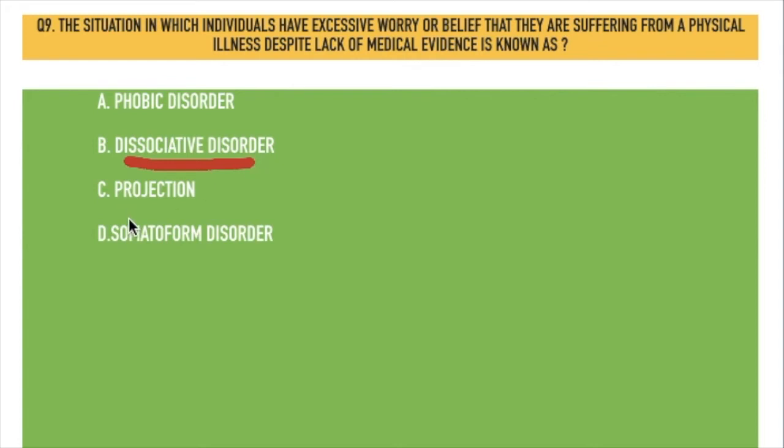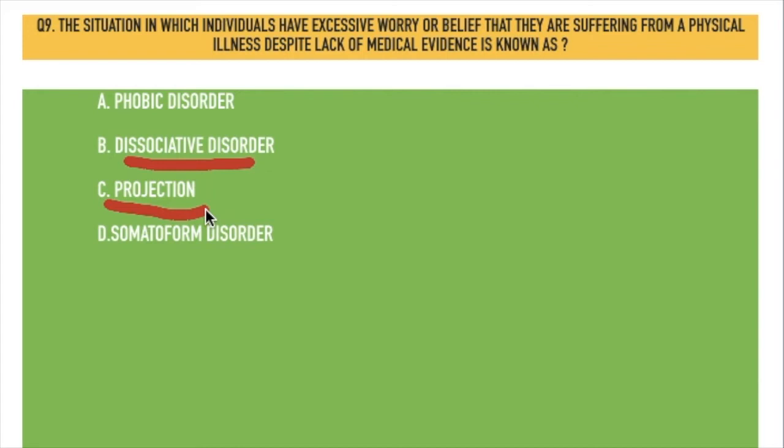And projection. Projection is not a psychiatric disorder. Projection is a coping mechanism in psychology. In projection, the inability of a person or his lack of ability is projected to others, that he is attributing the reasons for his failures or inabilities to others.